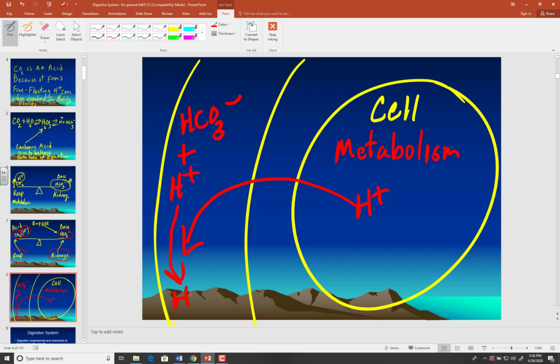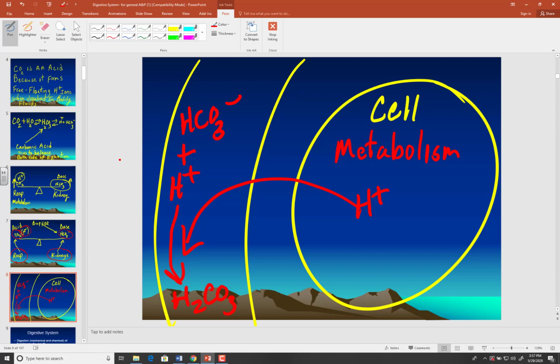So if the cells are making more free-floating hydrogen ions than normal, there's a normal blood level for bicarbonate, right? So how does a doctor or nurse know that the cells of the body are making more hydrogen ions than normal?